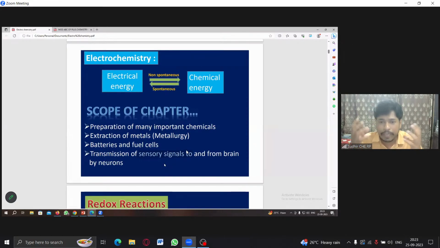Okay, so the brain is usually sending some signals, and based on those signals only we are responding from time to time. Our metabolic activities, everything, our functioning of the body is mainly decided based on the signals which are sent from the brain. So in the signaling system of the brain also, electrochemistry is playing a very important role.